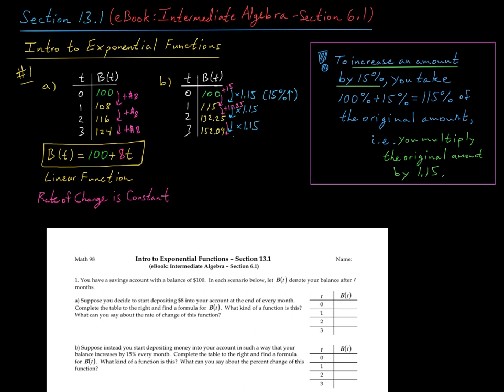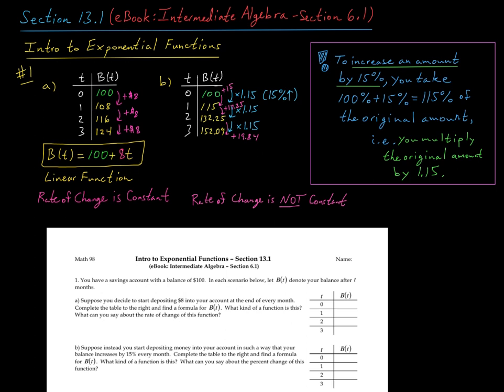And then here I'm adding $19.84, so on and so forth. So the amount I'm actually depositing is going up. Okay, so let's make a little comment there that here the rate of change is not constant. Okay, the dollar amount's actually going up for our deposits.